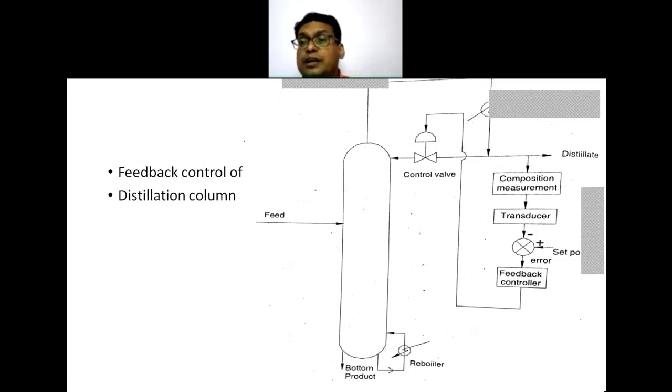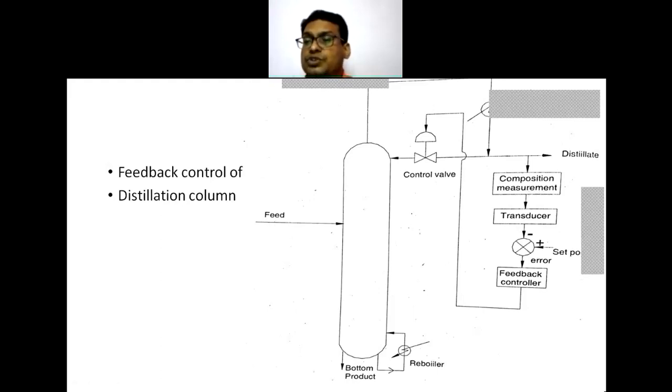Now coming to a distillation column, the feedback control of a distillation column. So we are trying to maintain the composition of the distillate. For that purpose, I am going to measure the composition.